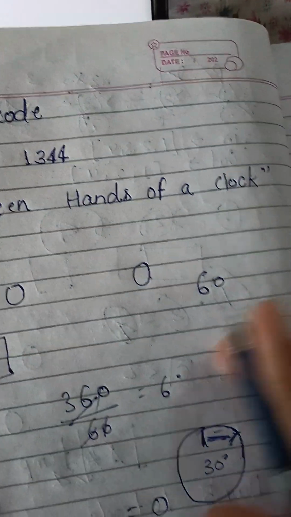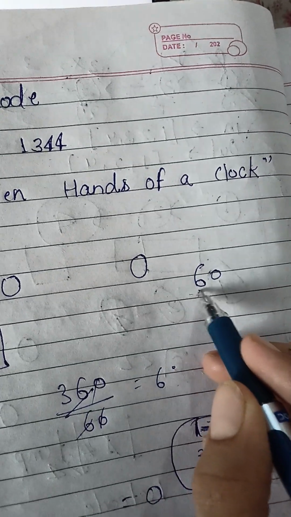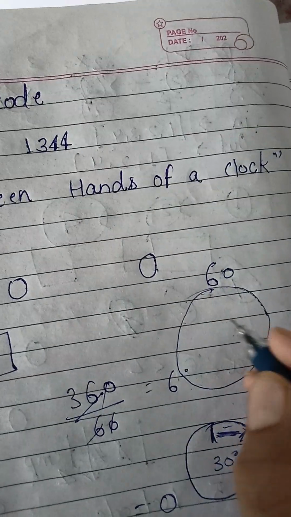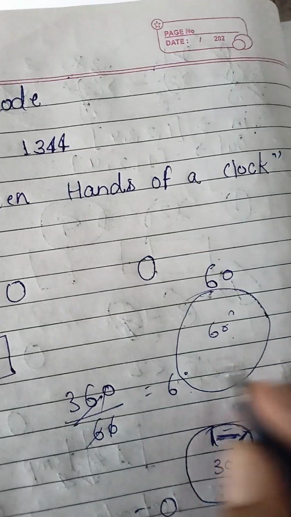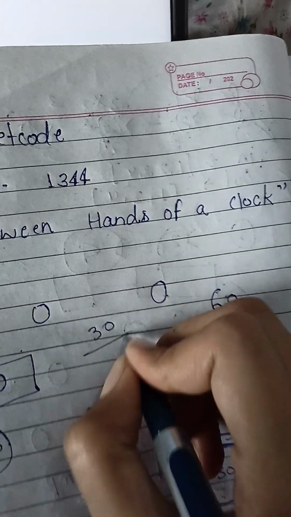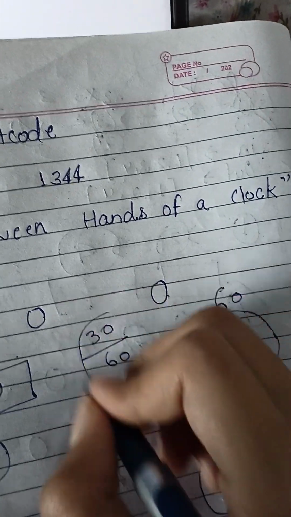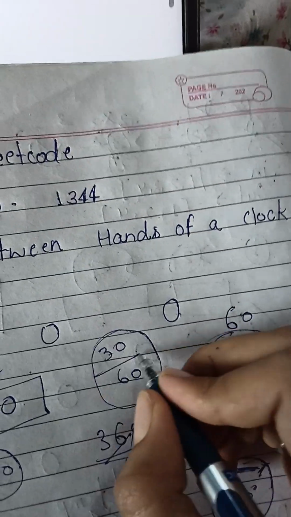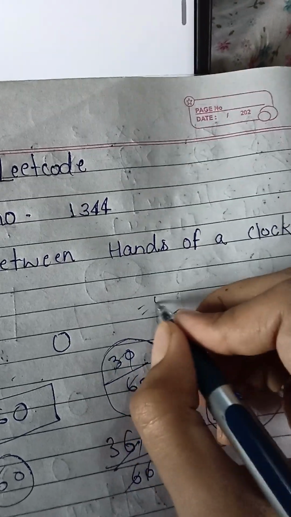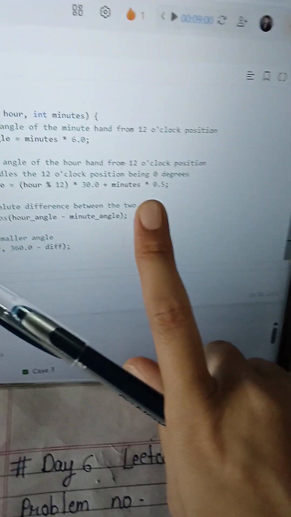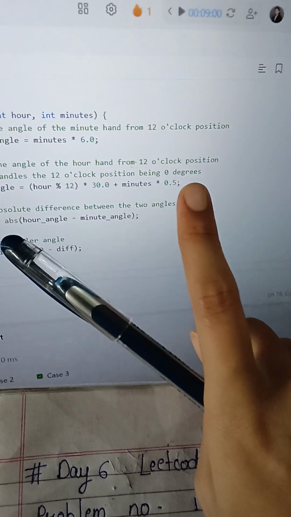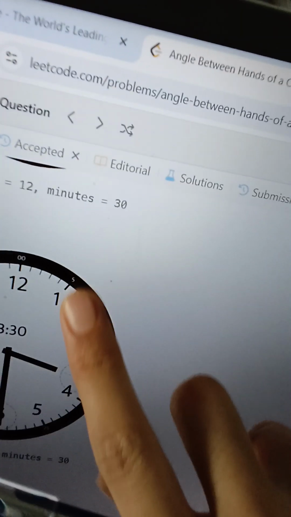So if the clock runs 60 minutes, 1 minute of movement of the hour hand will be 30 upon 60, which is 0.5. So here we are multiplying the minute by 0.5, and now adding both, we will calculate our final hour hand position.